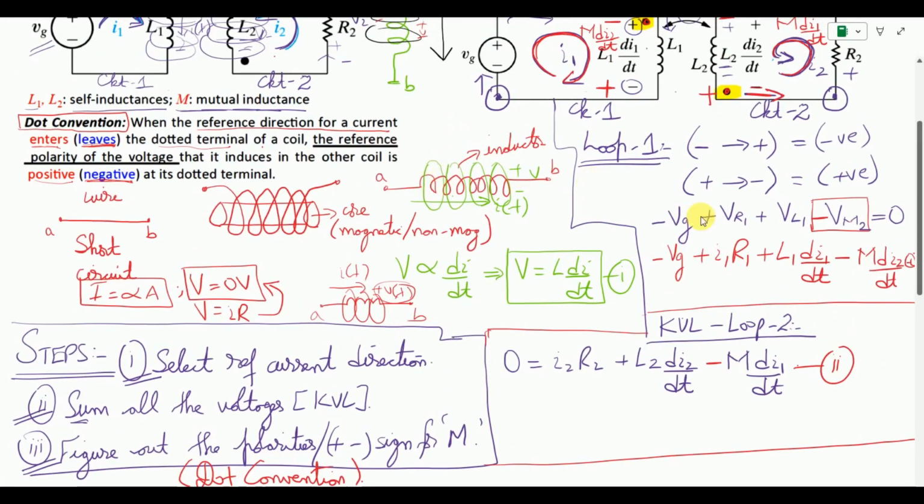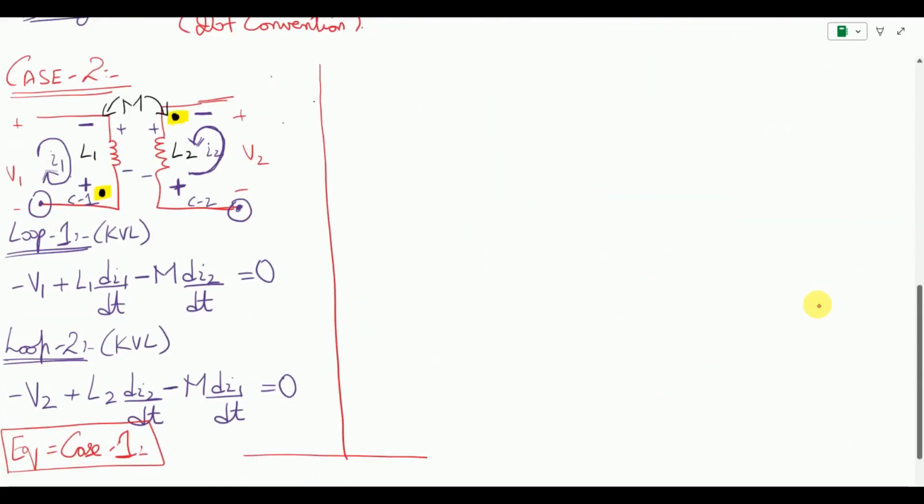So if we go to the first equation, it is minus Vg, I1 R1, L1 is a positive sign, so we can say minus voltage, then inductor is positive and mutual inductance is negative. So we can also see that voltage is negative, inductance is positive, and mutual inductance is negative. Similarly, for the second, voltage is negative, inductance is positive, mutual inductance is negative.